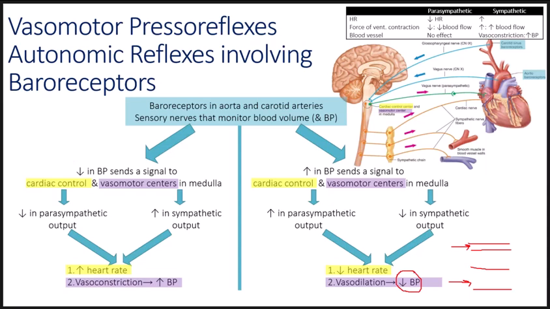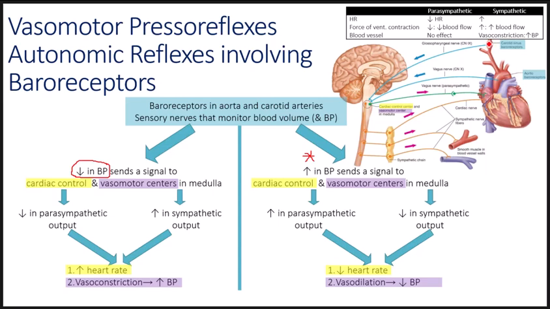Now let's look at the opposite scenario. Really less important than this one as far as the cardiovascular disorders. Let's say there's a reduction in blood pressure, meaning that the blood moving through here is not applying a whole heck of a lot of pressure against these vessels.